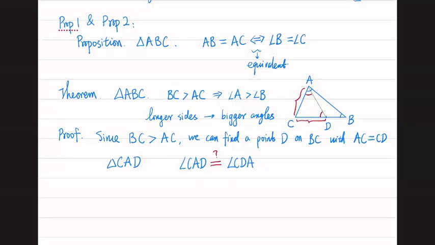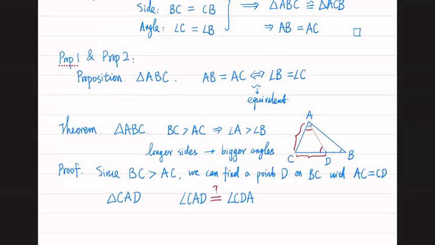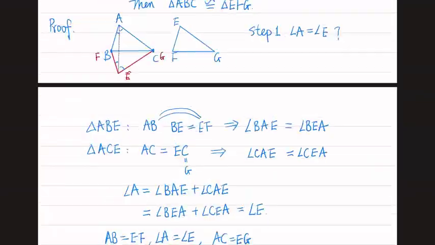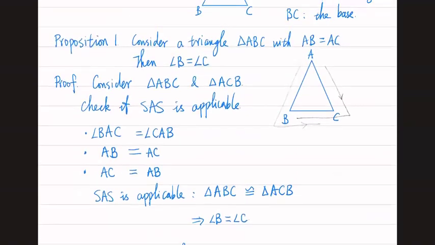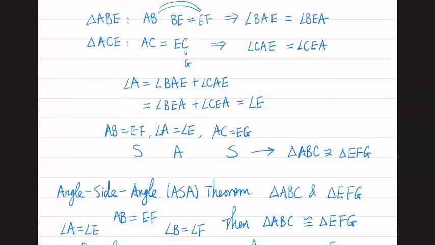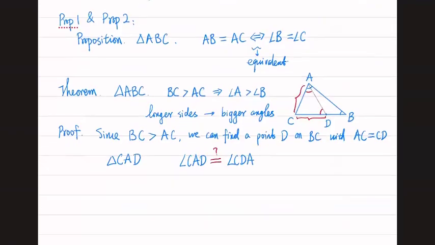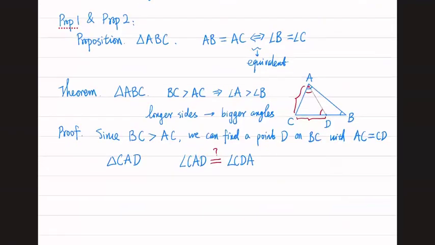It's proposition one. Let's go back to proposition one. It says that if two sides have the same length, then the two angles have the same measures. We apply this to our newly constructed triangle.